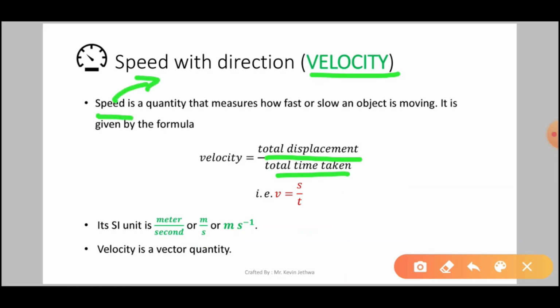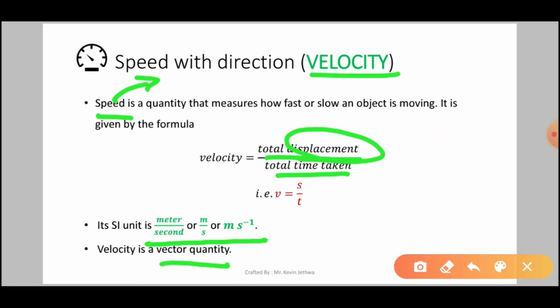But the difference is that velocity is considered a vector quantity. Means it will take into account the displacement. Displacement is a vector quantity because it depends on the direction. Same, the SI unit of the velocity will be meter per second or m upon s or meter per second inverse, and it is a vector quantity, as we know.